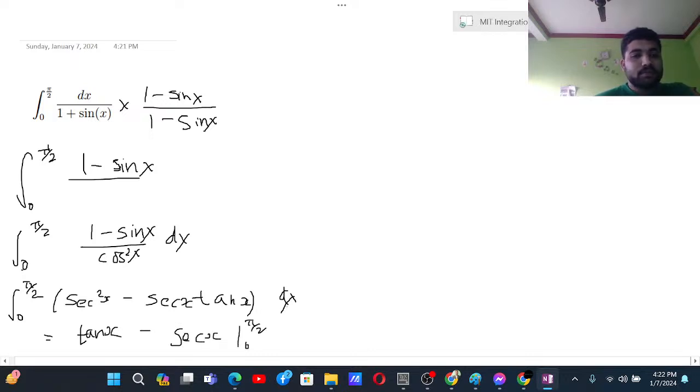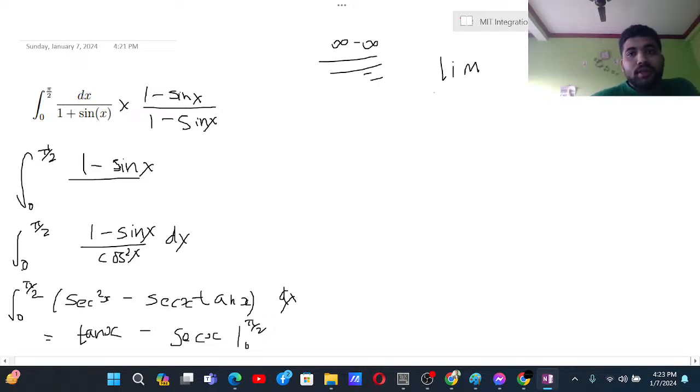Now tan of pi by 2 is infinity, and sec of pi by 2 is also infinity. That seems to be a problem because infinity minus infinity is indeterminate. If we had only one term, we could have written it as infinity, but over here we have infinity minus infinity, so we need to take a limit.